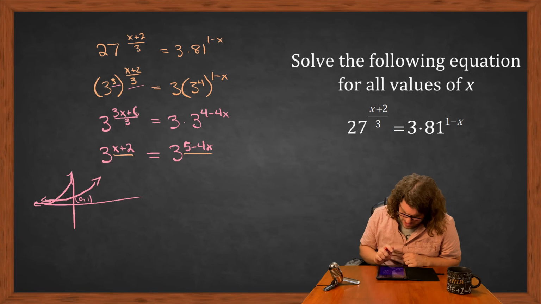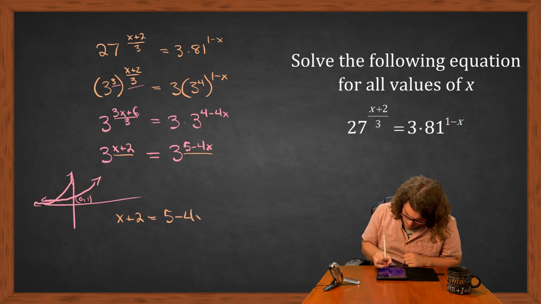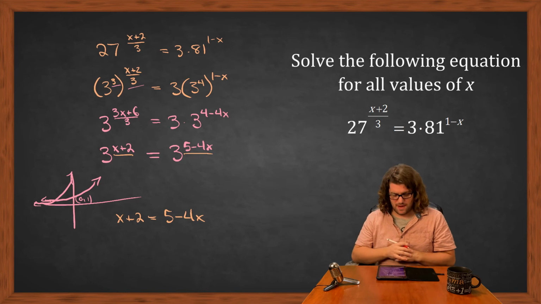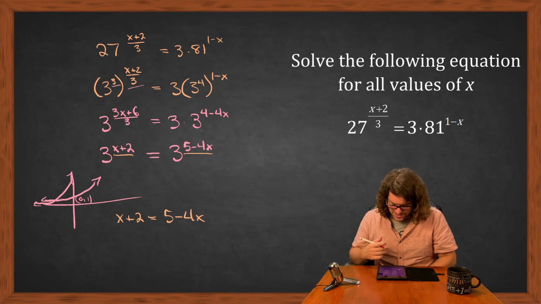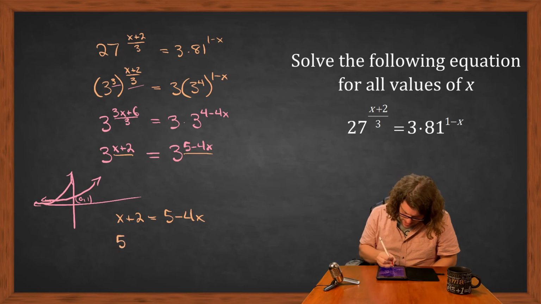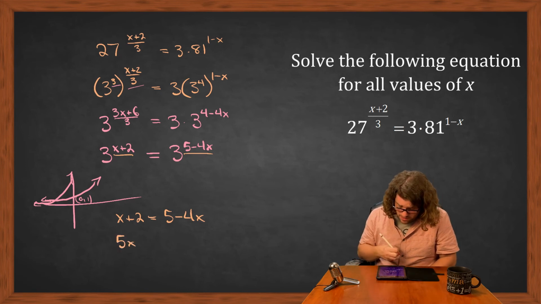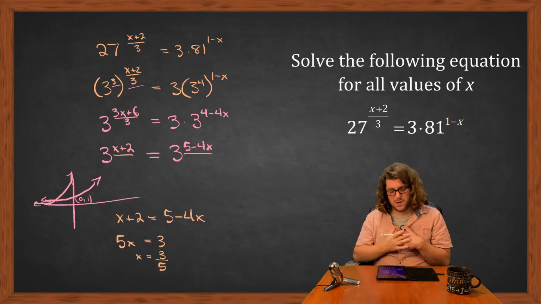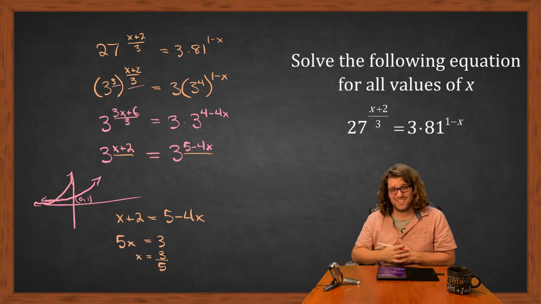If they are the same exponent, then we can write down x plus 2 is equal to 5 minus 4x. We are setting that to be true because of the behavior of these functions. Great, that's wonderful for us because we can just solve this linear equation by adding 4x to both sides and then subtracting 2 from both sides, and then x is equal to 3/5. So we have a value for x that should work.